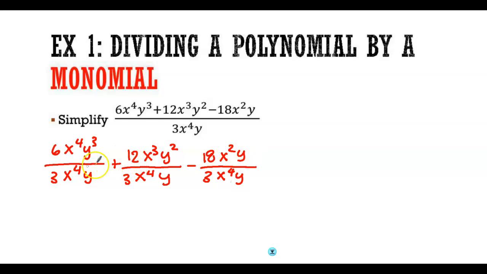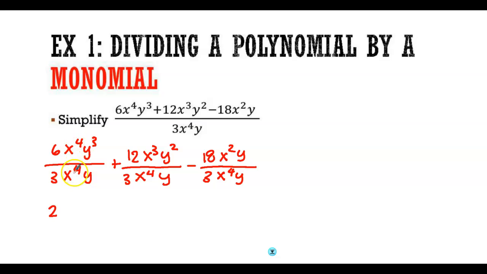So what I'm going to do now, I'm going to look at each of these individually, and when I do, I'm going to take my numbers, the 6 and the 3, and reduce that as I normally would. 6 divided by 3 is just 2. Then remember my rules. When I divide, I subtract my exponents.